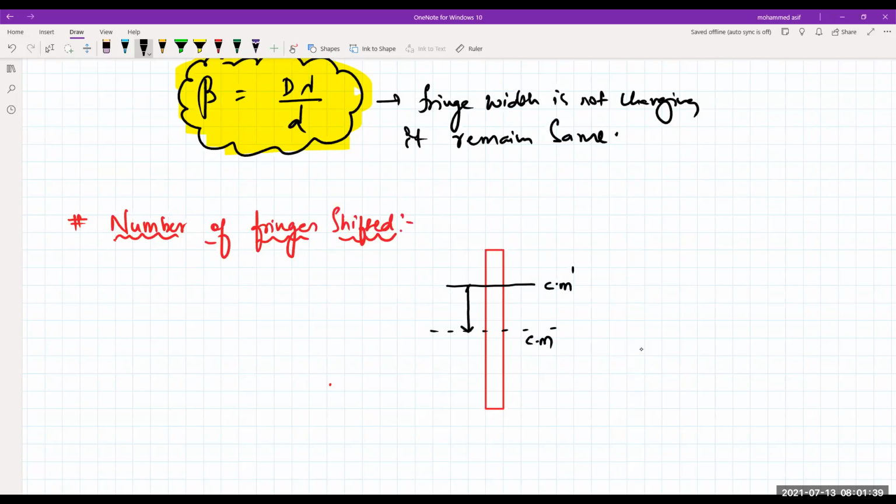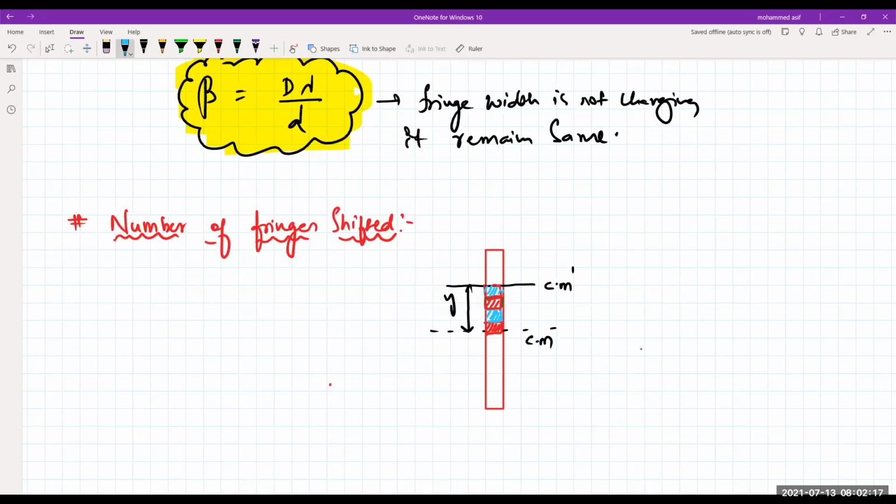Now there is a shift in the vertical direction, y. So in this one we have the central maxima. What are the colors I told you in the last session? The first one will be red, then it is followed by blue. Like this, the different fringes might have been shifted in the upward direction, again red, again blue. So fringe width means the distance between two consecutive maxima or consecutive minima.